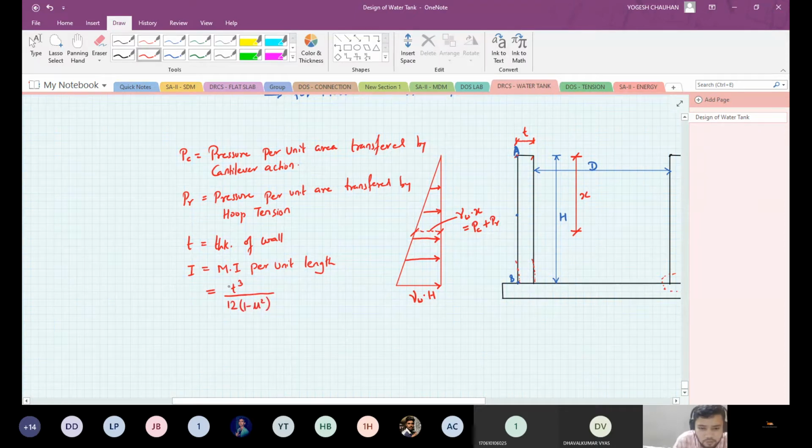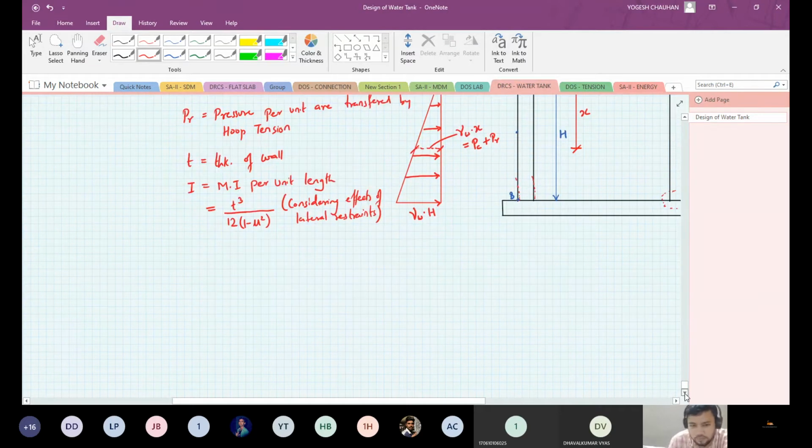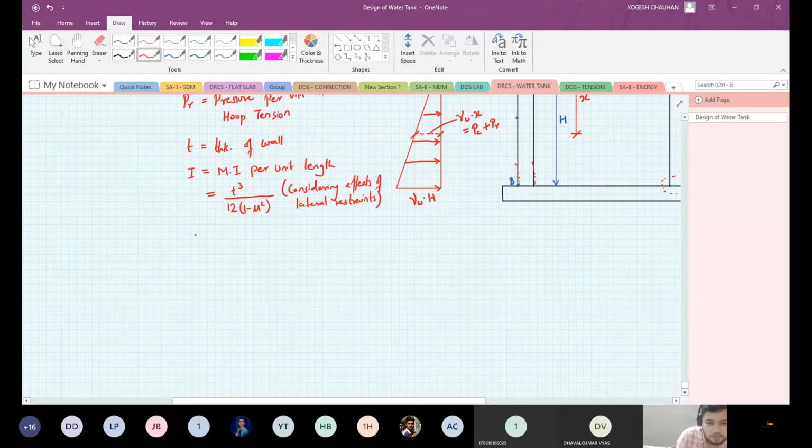Here, for per unit length, we remember it is b d cube by 12, but for per unit length it is d cube by 12, and this term accounts for the effect of lateral deformation or lateral restraints. Mu is the Poisson's ratio.